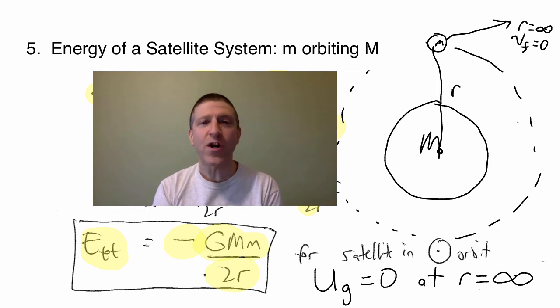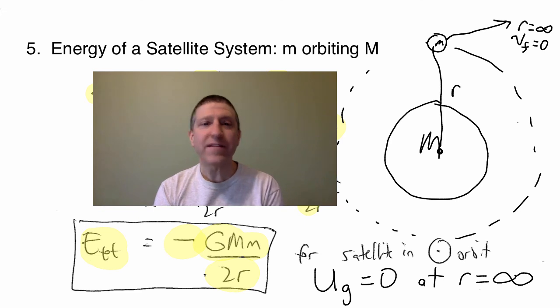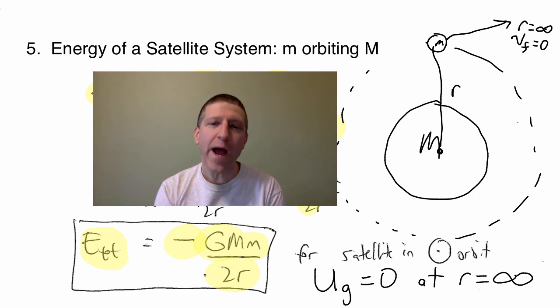It can't make it out to R equals infinity and end up at rest out there with 0 energy, or for that matter have any kinetic energy when it gets out there at all, because it's kind of like in a hole. It's trapped around this planet. So it doesn't have enough energy to get infinitely far away. We'd have to add energy to it. That's why this total energy is negative.